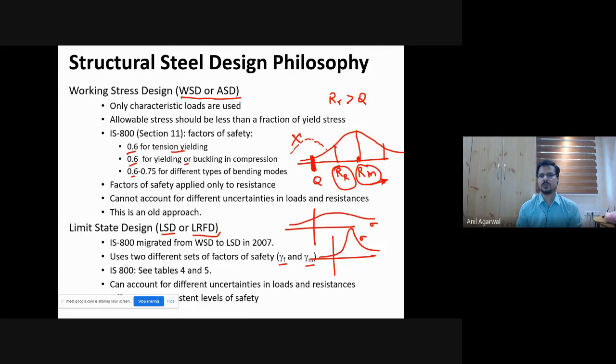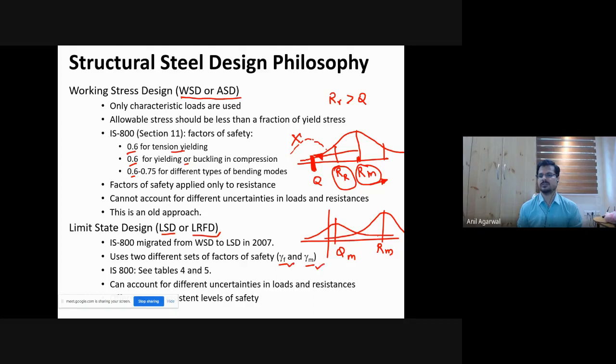There were no load factors. So basically what you are doing is making sure that your R mean is far enough from Q mean, and even now you are making sure of that. But now you can do it in two ways, by applying one factor of safety here and another factor of safety here.